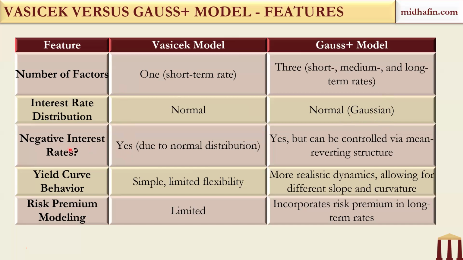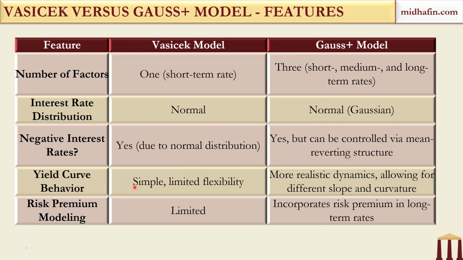Now as far as the possibility of negative interest rates is concerned, the Vasicek model allows negative interest rates. Theoretically it allows, but the Gauss plus model, even though it allows the possibility, that possibility can be minimized or mitigated through the mean reverting structure of the Gauss plus model.